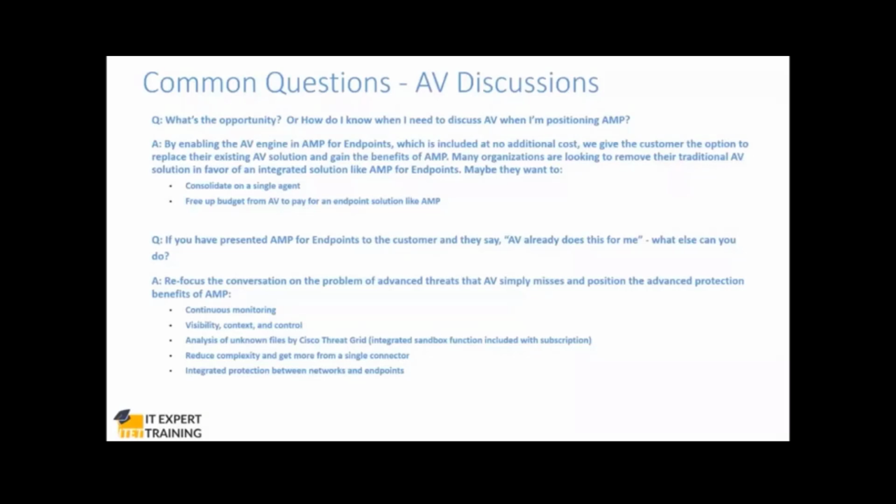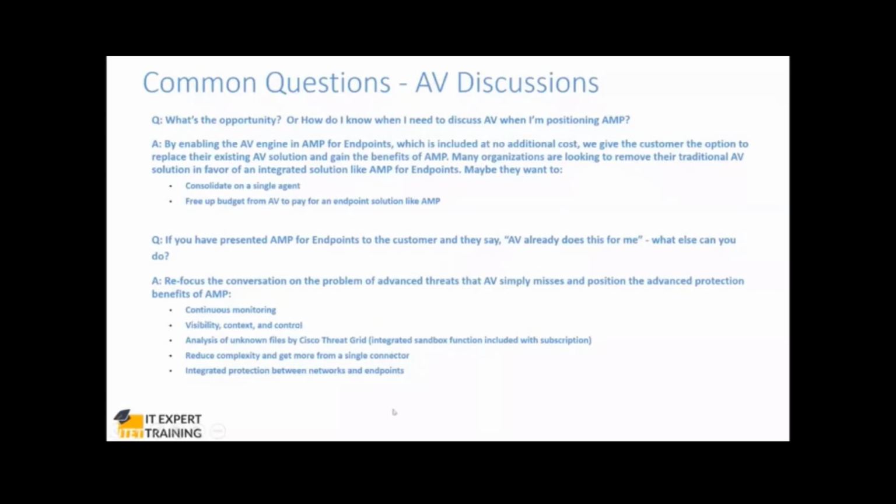And if you present AMP for Endpoint to the customer and they say AV already does this for me, same thing, so what else can this do? The main difference is continuous monitoring, which you cannot always do in AV, plus visibility, context, and control. These are the additional and advanced features you can get.